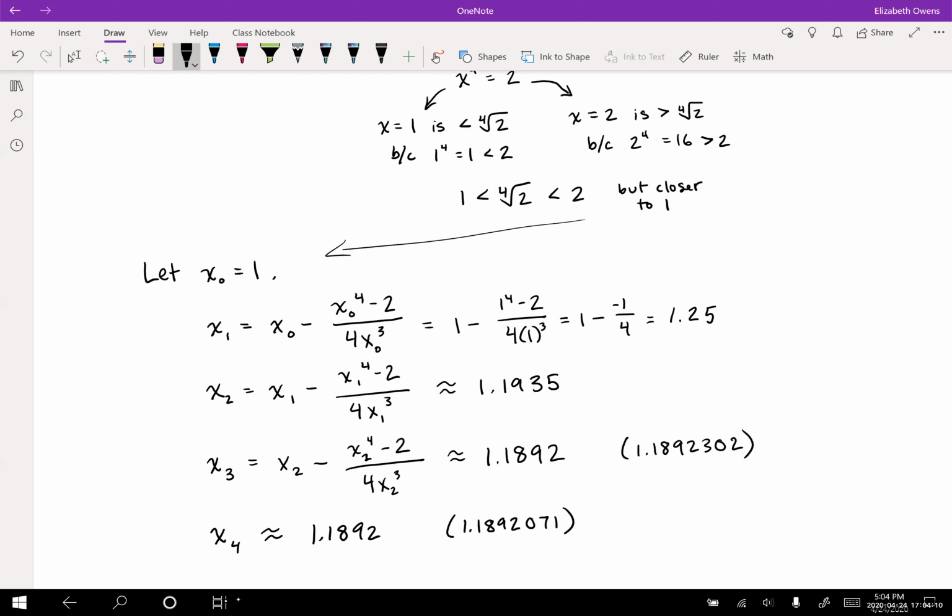All right, so the fact that out to 4 decimal places, which is as precise as we were told to be with this problem, these two answers match. So that means that our Newton's method here has converged at least to 4 decimal places.